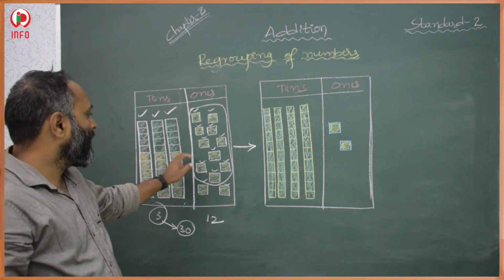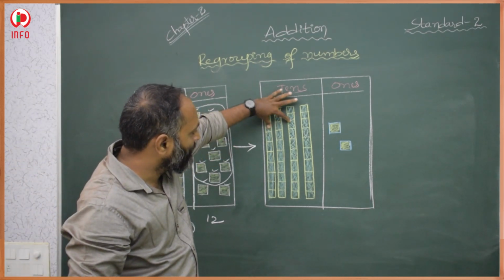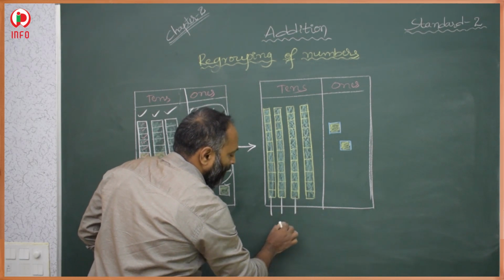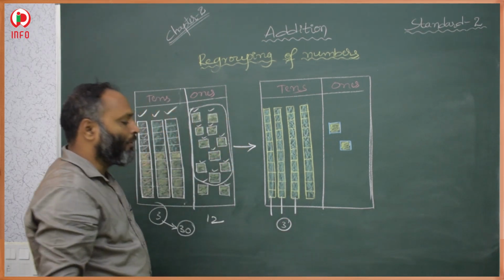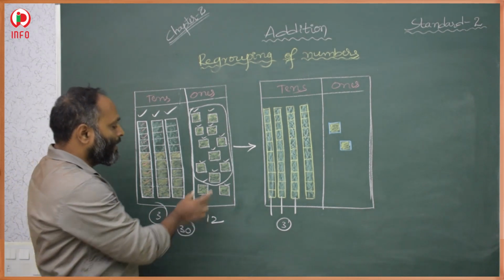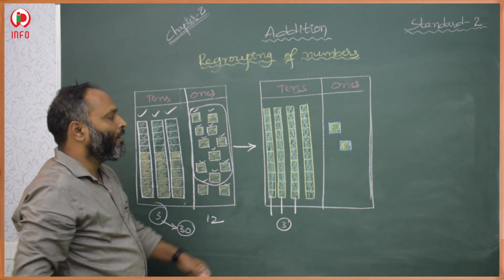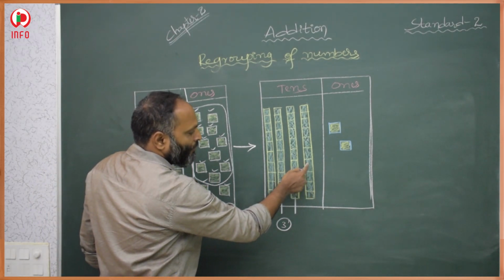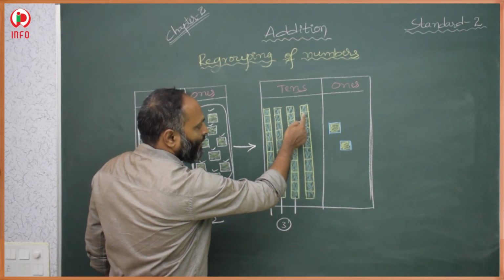Here 3 blocks were there. Those 3 blocks stay as they are: first block, second block and third block. And these 10 sub blocks make a big block.